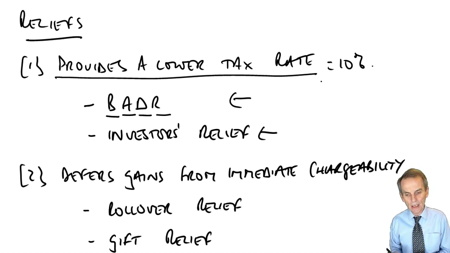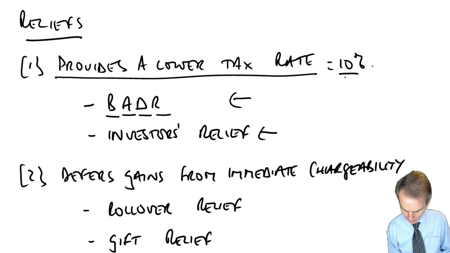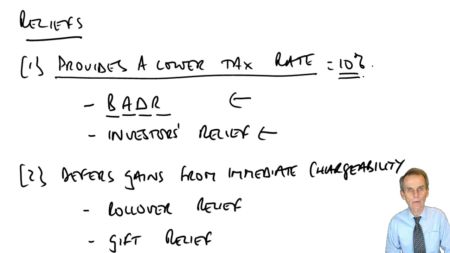And where these reliefs apply, to the extent there are limitations that apply here, to the extent that they apply, it will mean that gains that are probably going to be very, very serious amounts that would otherwise be in the 20% tax category will instead be taxed at a much more beneficially low tax rate of 10%.